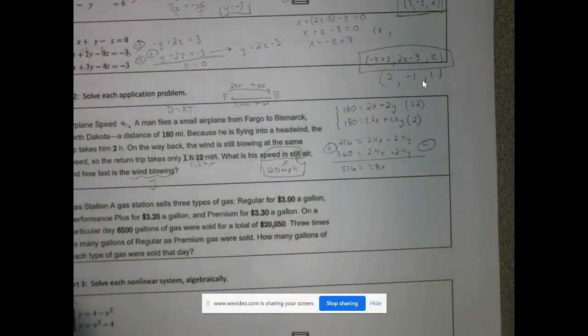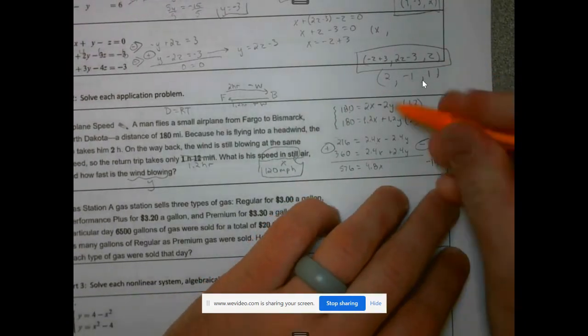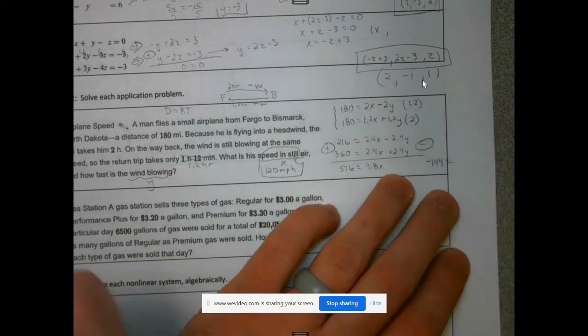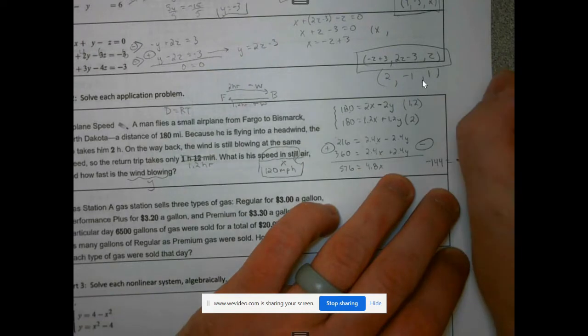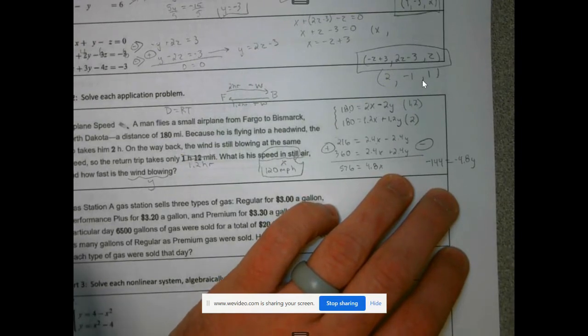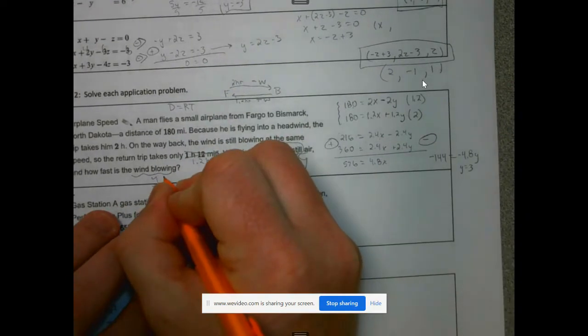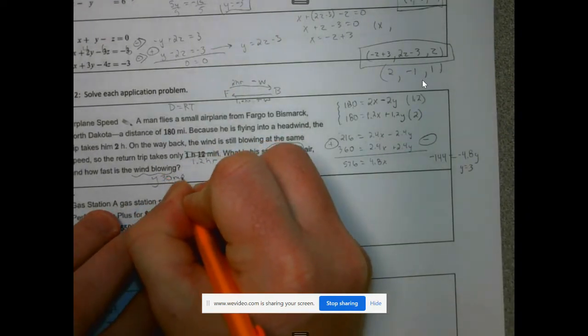So 216 minus 360 is negative 144 equals, 2.4 minus 2.4 cancels, negative 2.4 minus 2.4 is negative 4.8y. And so you're going to take negative 144 divided by negative 4.8, and you get y equals 30. So the speed of the wind is 30 miles per hour.